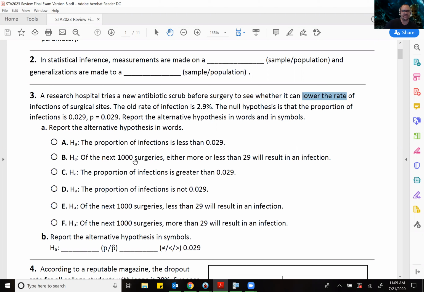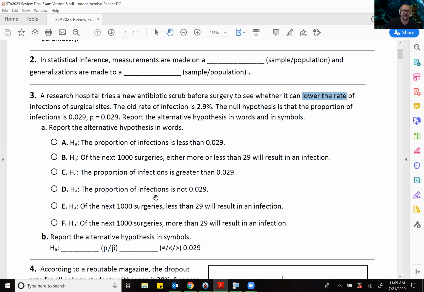Of the next 1,000 surgeries, either more or less than 29 will result in an infection. We didn't talk anything about surgeries up here, so this is junk. The proportion of infections is greater than that number, and we know that we want it to be lower, so we know that's junk.